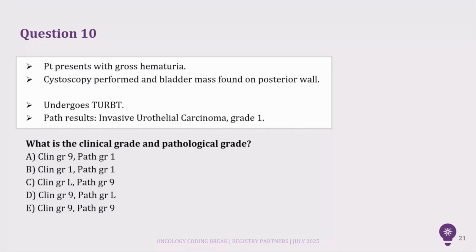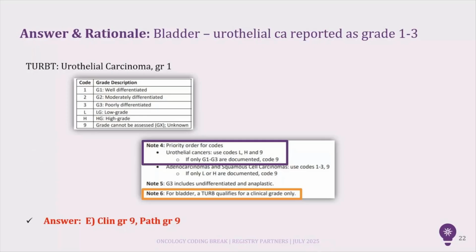Okay, so for this one, we're going to look at the bladder. The bladder specific instructions tell us that for bladder, a TURB qualifies for clinical grade only. So clinical grade is going to be the only thing that we can assign, and our path grade will be 9.